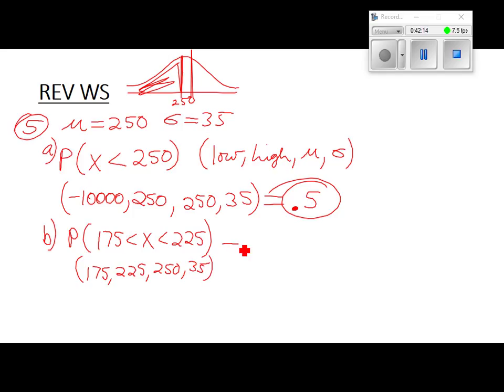What's that give us? 0.2214. 22%. So 22% of the bills, about 22, should be between 175 and 225.